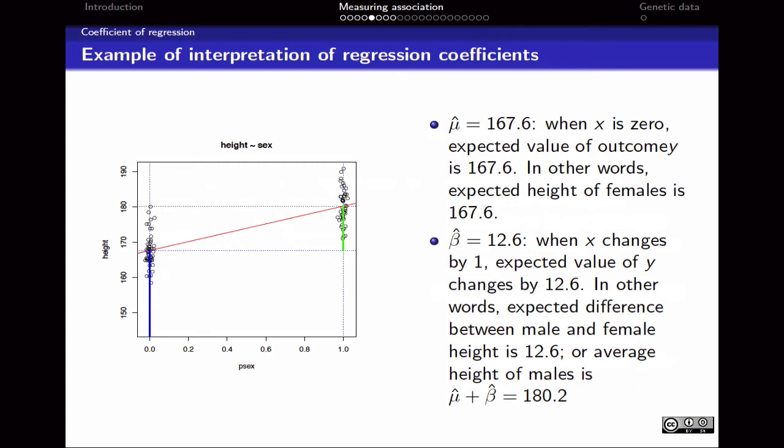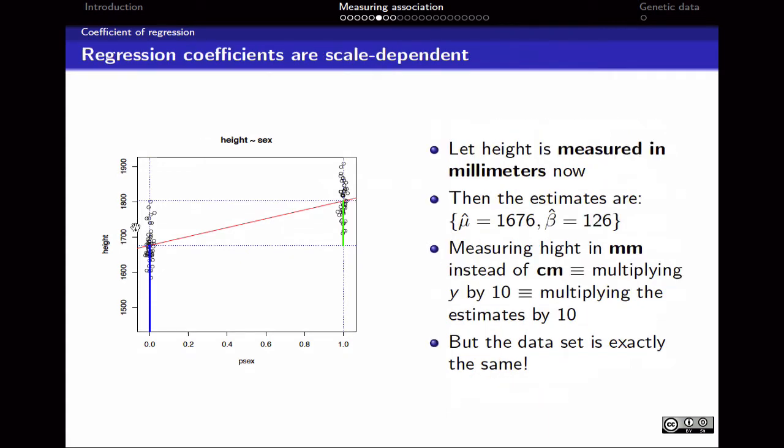In other words, this is the expected difference between the height of male and female. Or you can put it the other way around: the height of males is the intercept plus the regression coefficient, which is 180.2 centimeters.